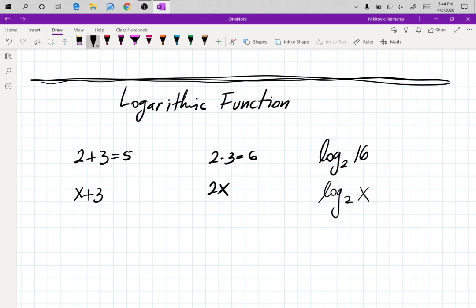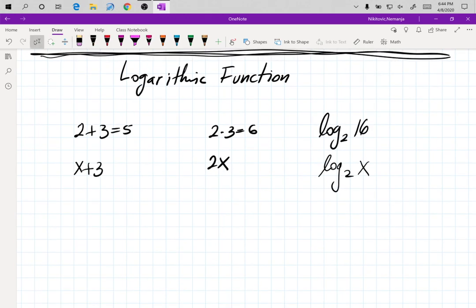All right, so let's come up with some of these functions, right? Let's see what can we have here. Let's define them and check the properties.